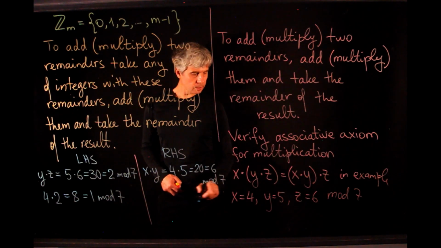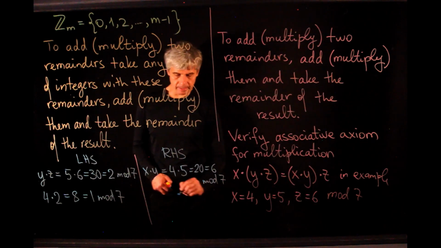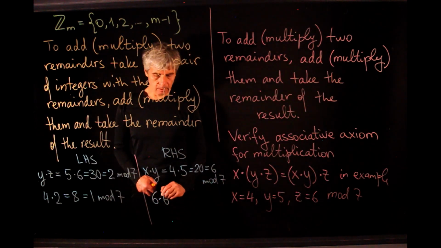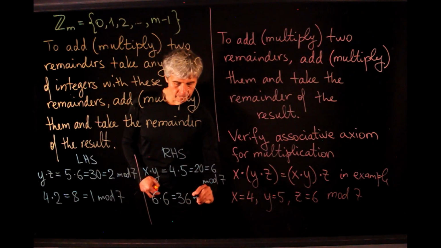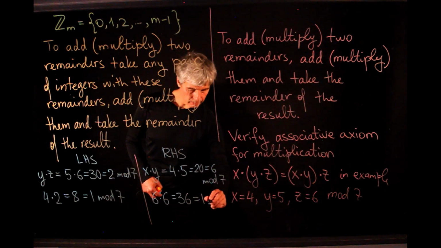And then at the end, we need to multiply this by z. So we get 6 times 6. So this is 36. And the result is equal to 1, because we subtract 35, mod 7.